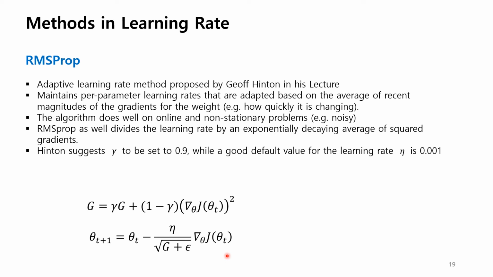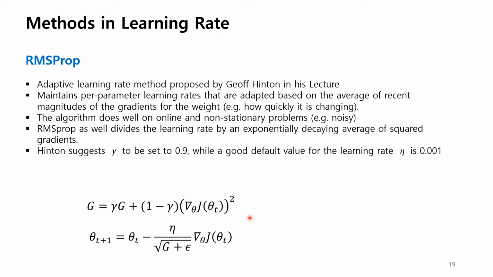To fix the problem in RMSProp, when you calculate G, now we do not keep accumulating. We use this formula. Basically, this is the exponential moving average between the previous value of G and the new square of gradient. By using this, now the value of G is limited. It has a boundary. It does not grow infinitely.